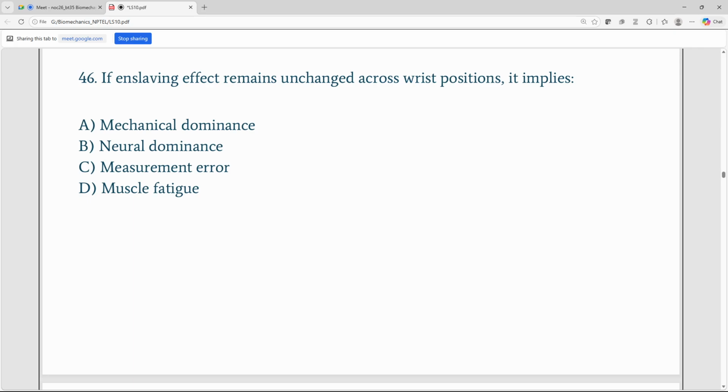Options are: option A, mechanical dominance; option B, neural dominance; option C, measurement error; option D, muscle fatigue.